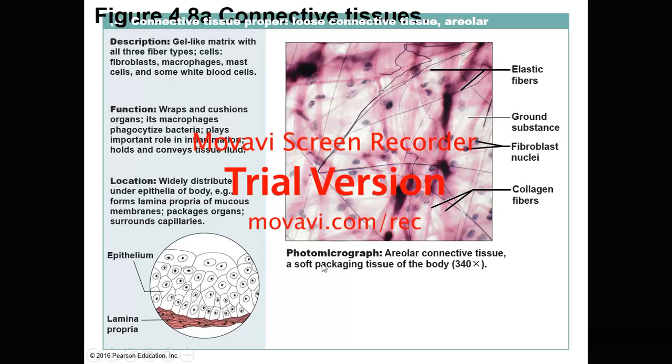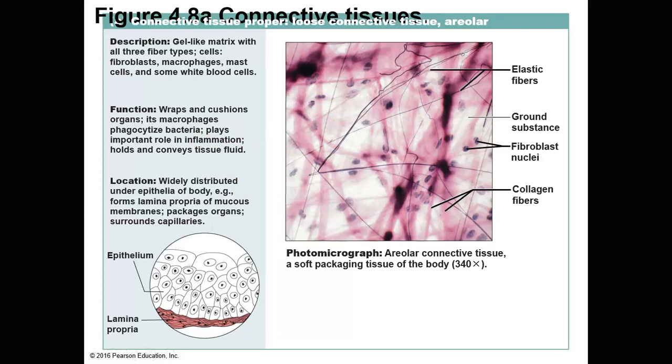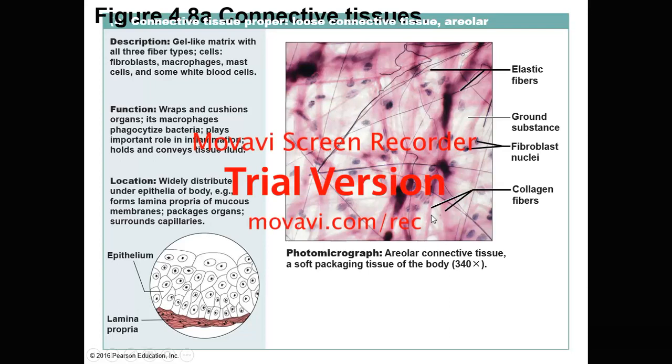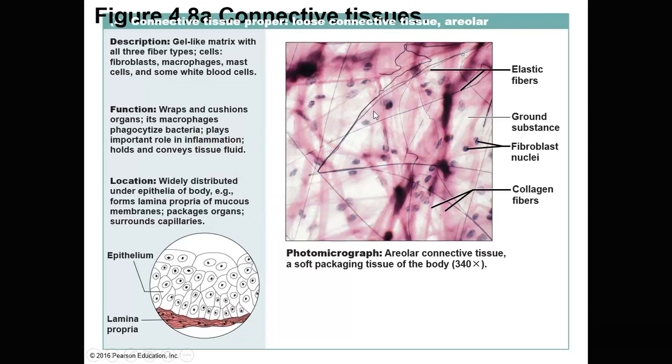All right, so here's a slide like I was talking about. That looks more like a slide that you would see in your lab practical. Remember I said that collagen fibers tend to stain pink, and then the elastic fibers are dark purple, almost kind of look black, but if you look closely, it's really dark purple. Those are the elastic fibers.